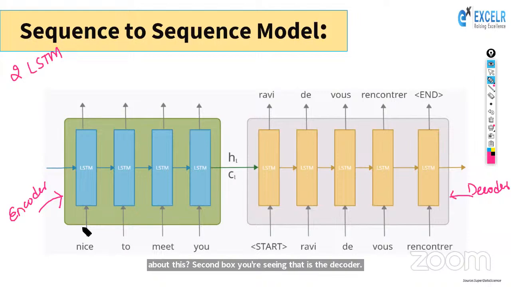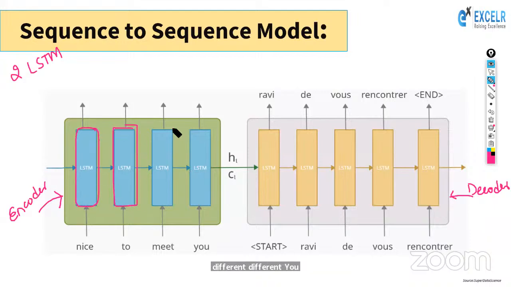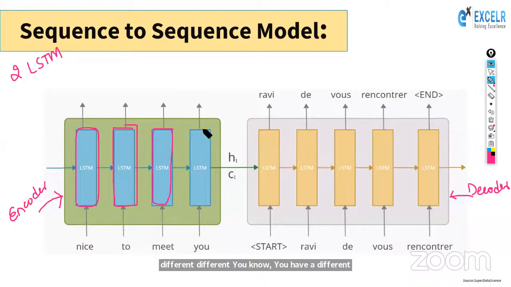The encoder is nothing but, guys, an LSTM neural network architecture only. So we have different LSTM layers, different neural networks based upon the LSTM model architecture.